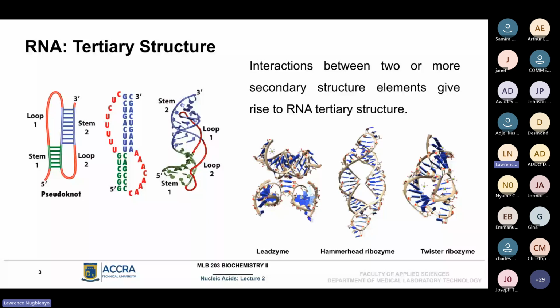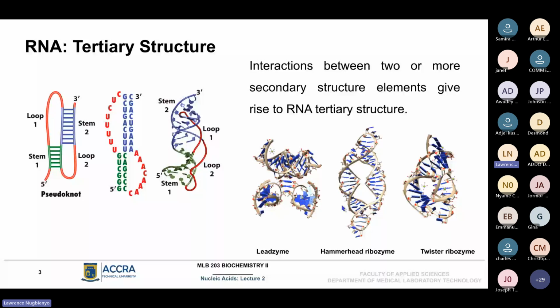So you have some which, you see, this is referred to as a leadzyme. These are some RNA molecules. You see, it's just one strand, but then you have some bases that are close to each other, and you see that there is some form of interaction between these bases. This looks much like a hammer, and so it is referred to as a hammerhead ribozyme.